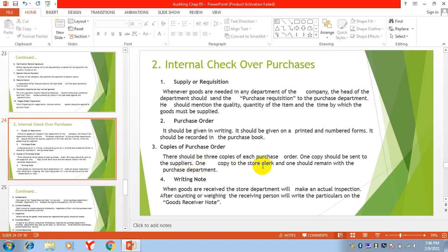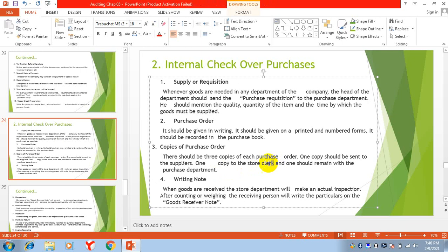One copy goes to the store clerk of the purchase department, who will keep goods in the store, and one should remain with the purchase department.